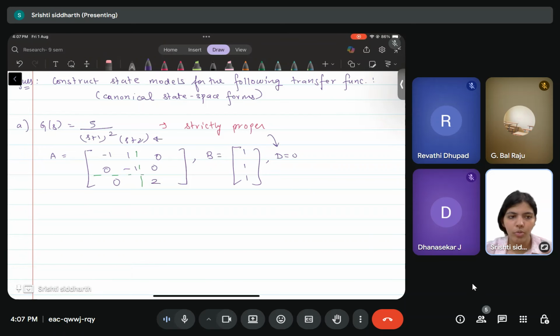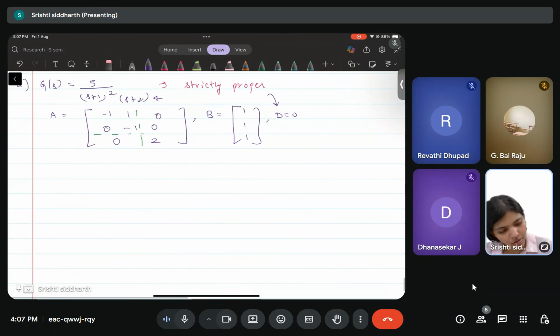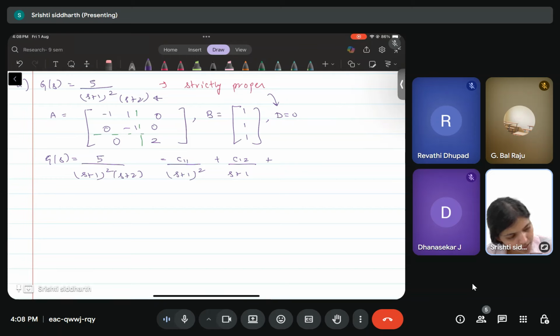Now we have to find the proportions for the partial fraction expansion. So G of s is c11 over (s plus 1) squared plus c12 over s plus 1 plus c2 over s plus 2.